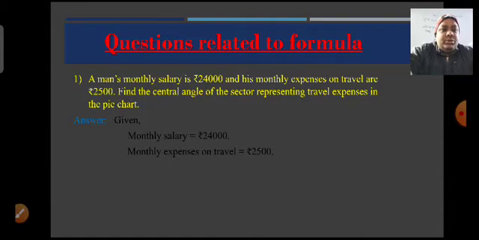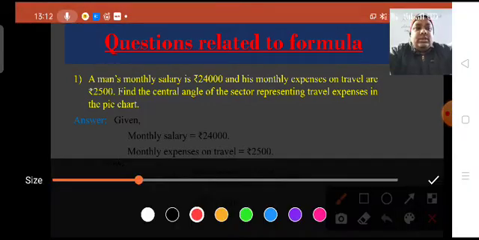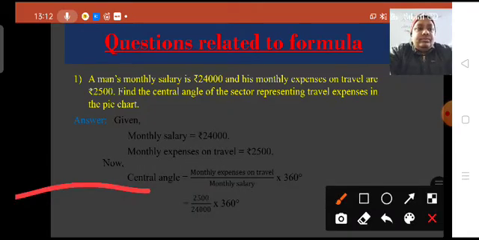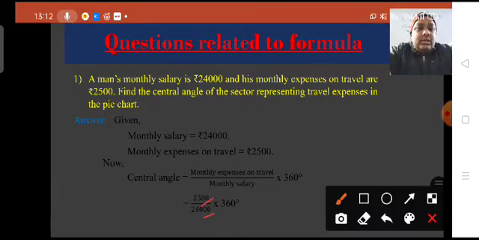So the same formula we use. Central angle is equal to monthly expenses on travel by monthly salary into 360. It means 2,500 by 24,000 into 360. 20 and 20 will cancel, and again 10 will cancel.